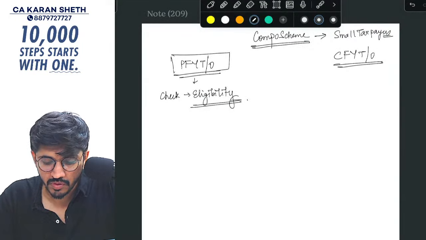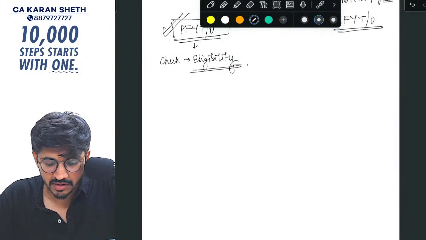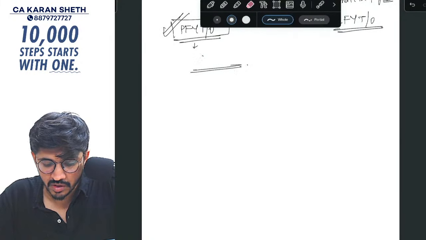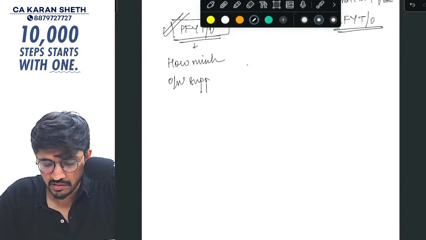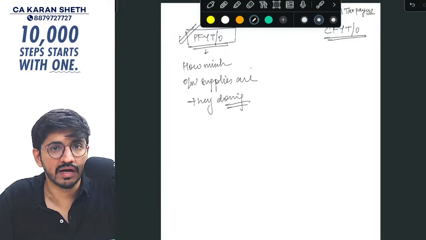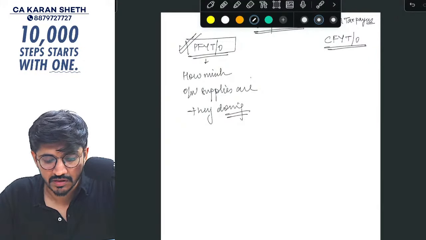In the preceding financial year, you are only checking how much outward supplies they are doing. Just focus on that.